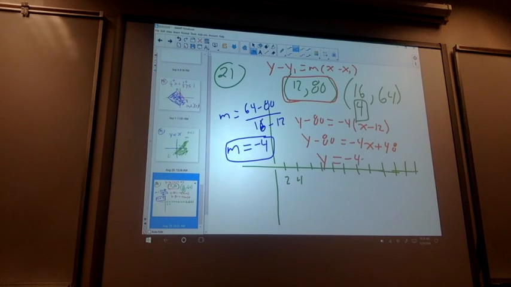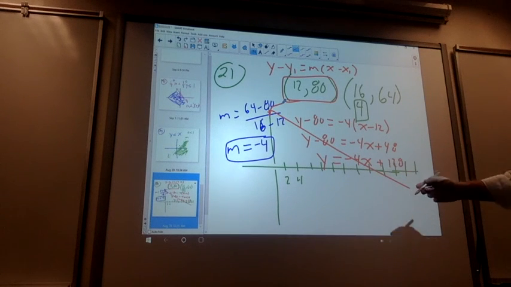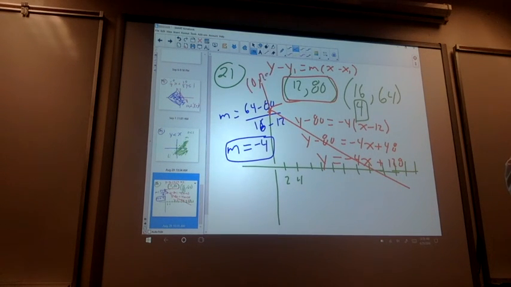So -4x plus, is that 128? So you got like 128 like this, down 4, right 1. So the equation is going to look something like this. I don't have it drawn perfectly by any means, but this point up here would be 0, 128. Is that right? Or do I feel like I made an error?